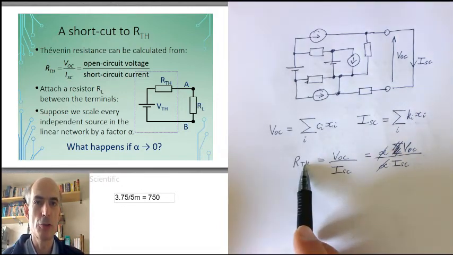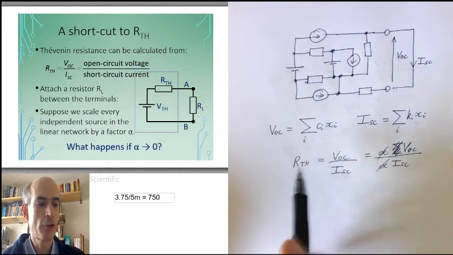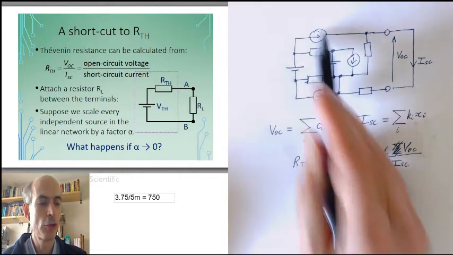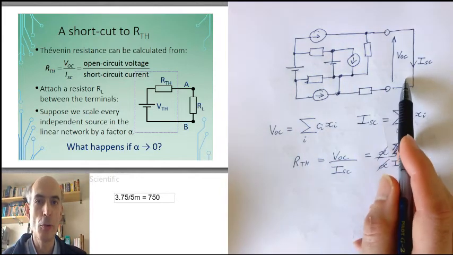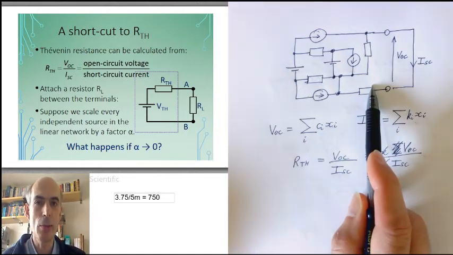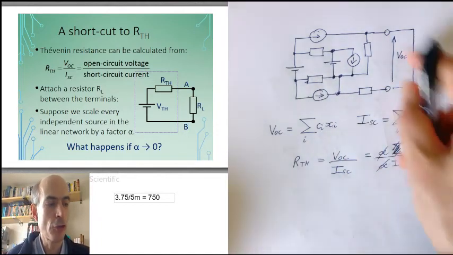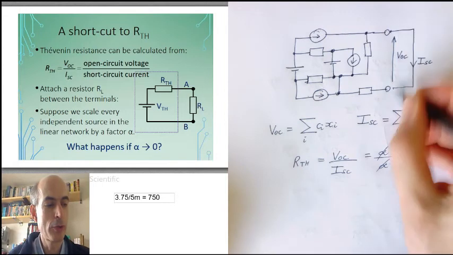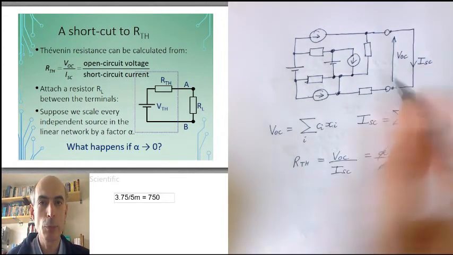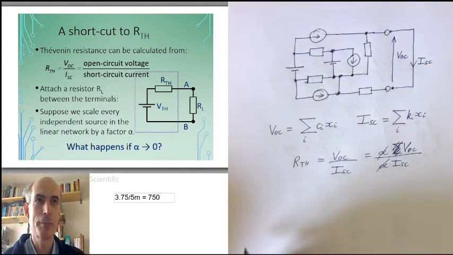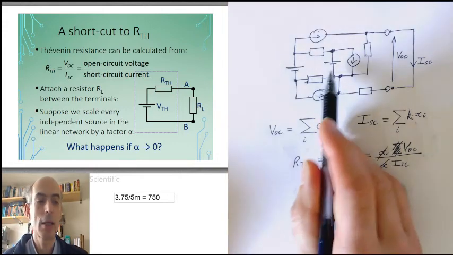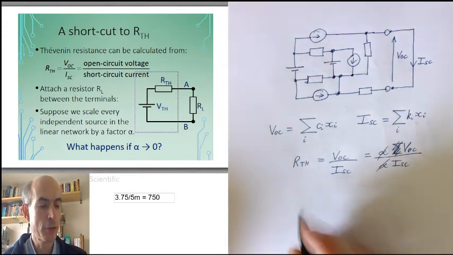RTH wouldn't change. So we could set all of these voltage sources and all of these current sources to 0, create a much simpler network, look at the resistance between that point and this point here, and that would be our Thevenin equivalent resistance. In the case of this network here, I would end up with something like this.